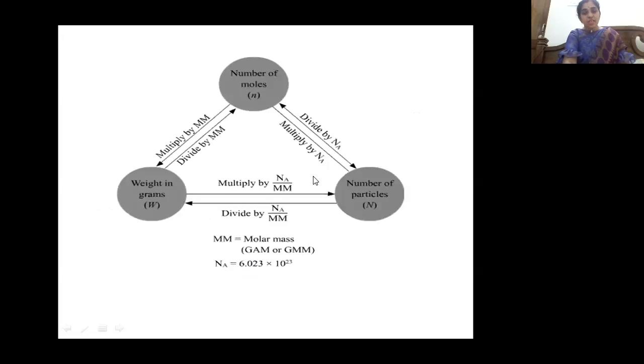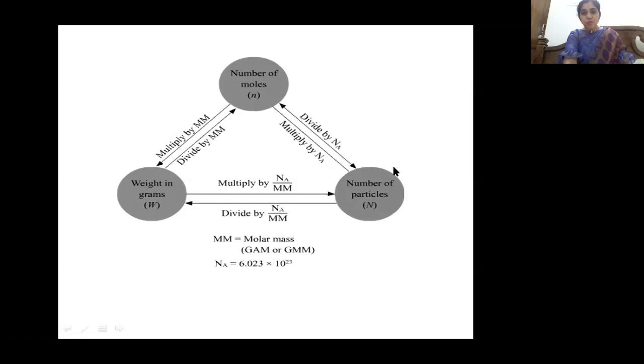So here we can relate number of moles, small n, number of particles, capital N, and weight in grams, W, in this way. Number of moles, if you multiply with N_A, that is Avogadro number, you get number of particles.